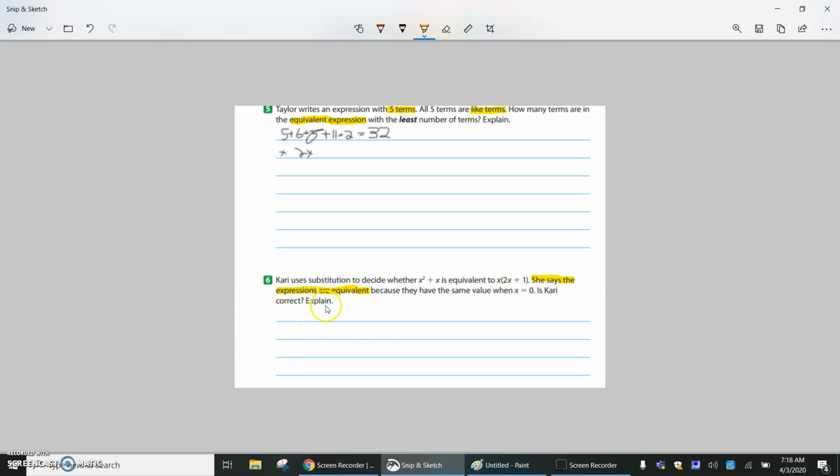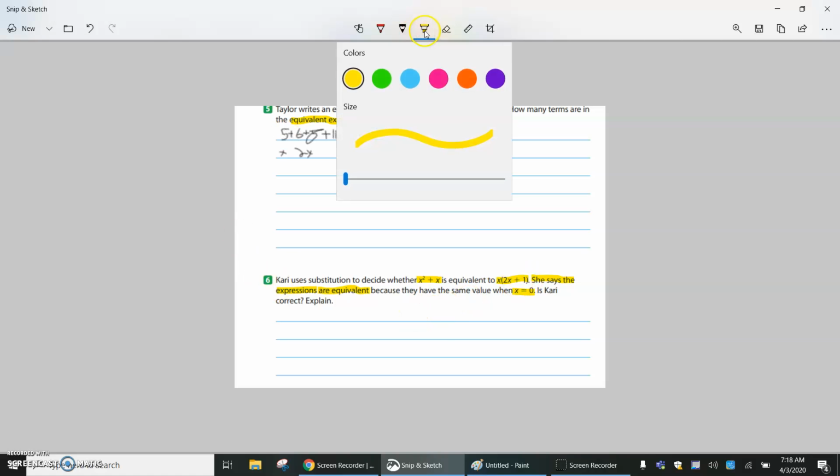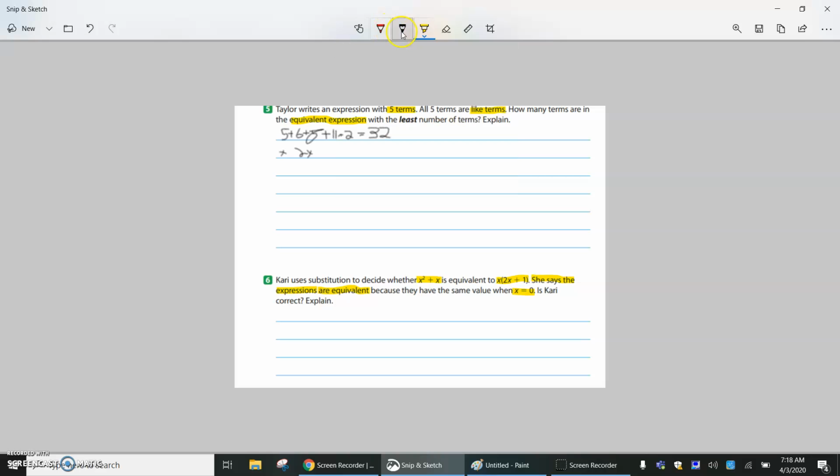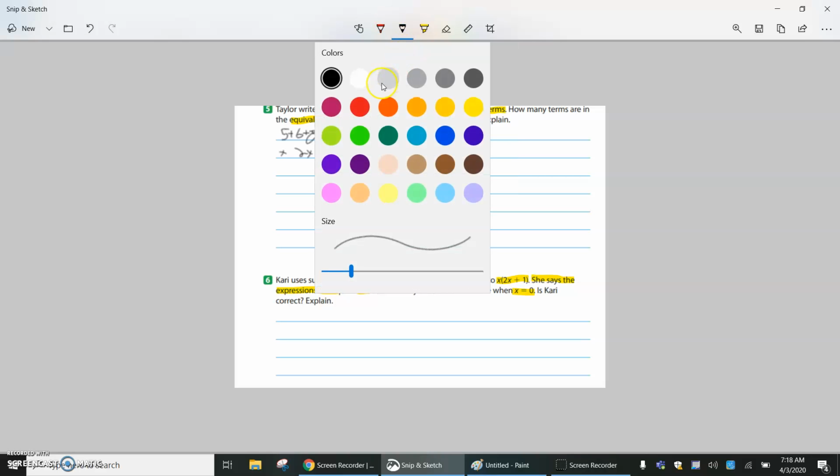Is Carrie correct? Explain. So we're going to use her substitution to show whether these are like terms or not. Here's the problem with what she used for substitution. You cannot use 0 to show substitution.